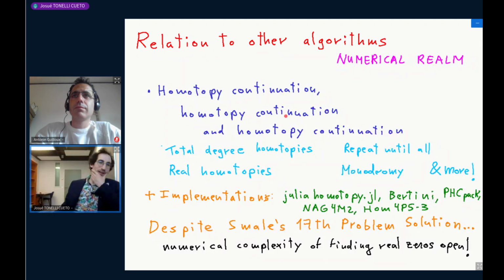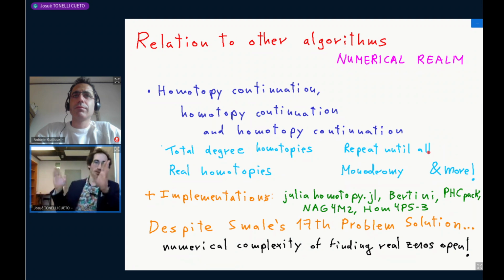Then in the numerical realm, we essentially have homotopy continuation. So you have total degree homotopies, real homotopies, repeat until all. So this is, you pick a random system, you follow it, you find a root, you pick another random system, you follow it, you find another root. If this root was different, you add it to your list of zeros.